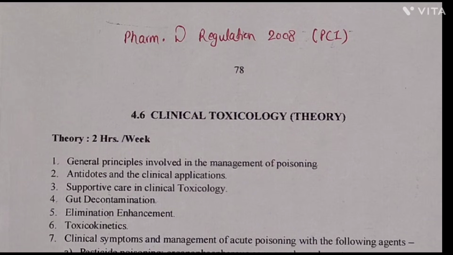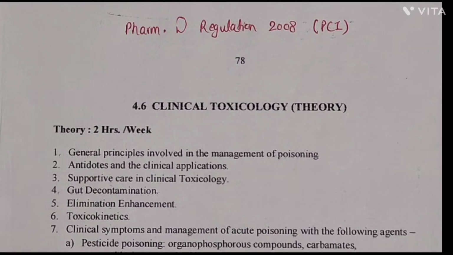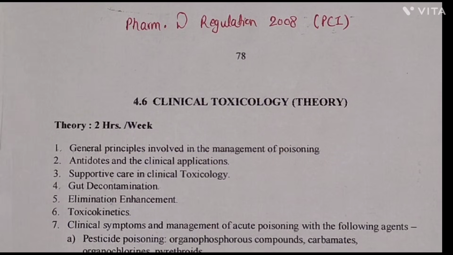Before going to the course and content, I just want to show you the syllabus by the Pharmacy Council of India. The syllabus is as displayed on your screen. In this syllabus our first chapter is the general principles involved in the management of poisoning.